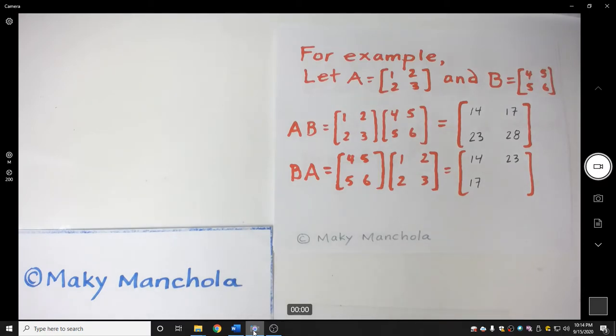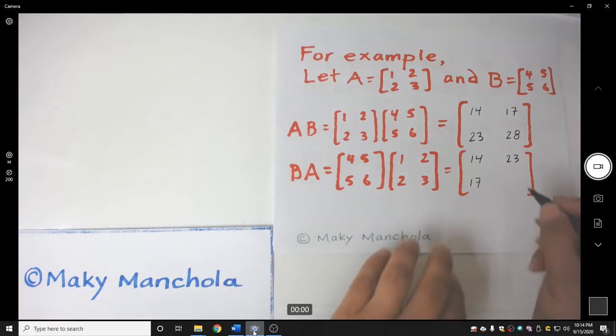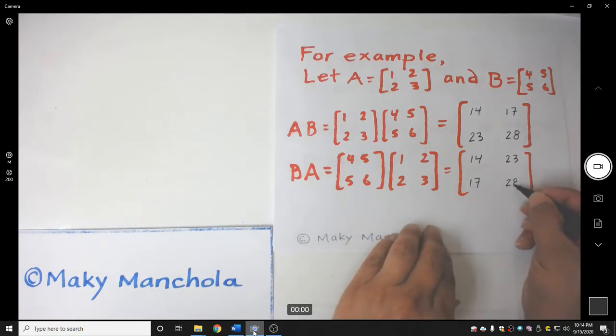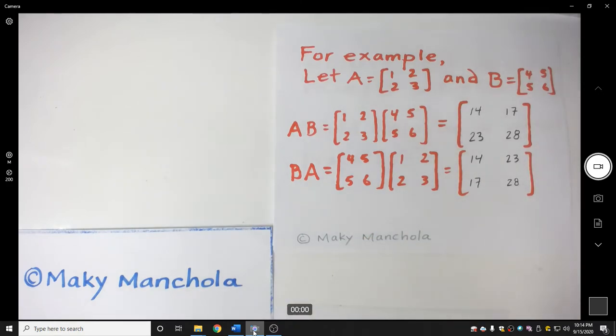And 5 times 2 is 10 plus 6 times 3 is 18. That totals 28. Observe that AB and BA are distinct. They are not equal to each other.